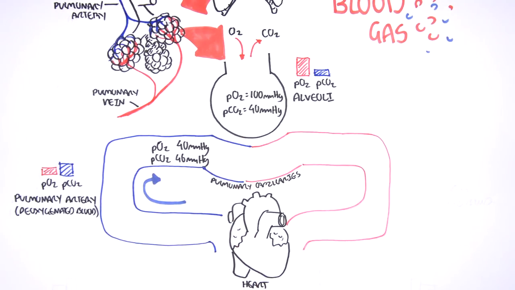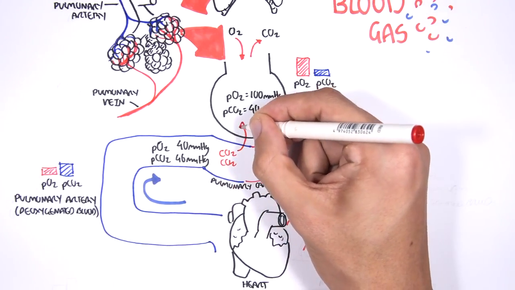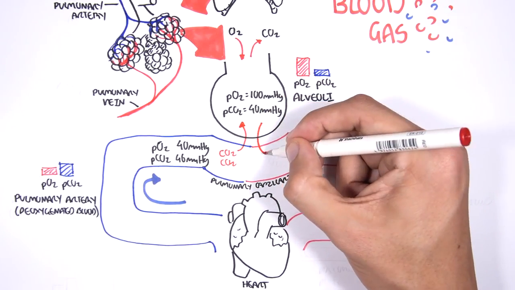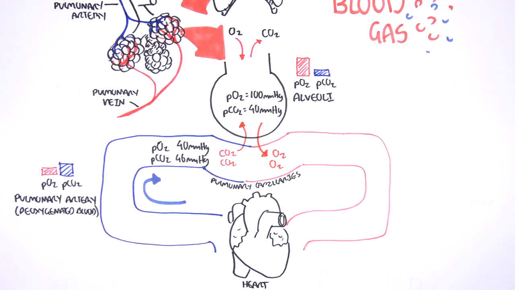So the carbon dioxide will move from an area of higher concentration, higher partial pressure, to an area of lower concentration, lower partial pressure. So carbon dioxide will move from the blood into the lungs, into the alveoli. And oxygen will move from an area of higher concentration to an area of lower concentration. So the oxygen will move from the lungs, from the alveoli, into the blood.